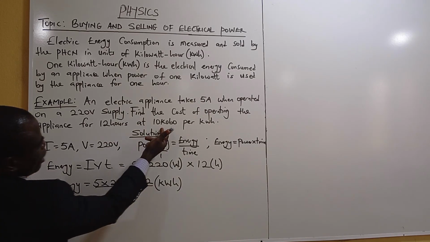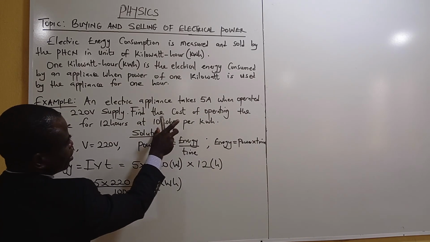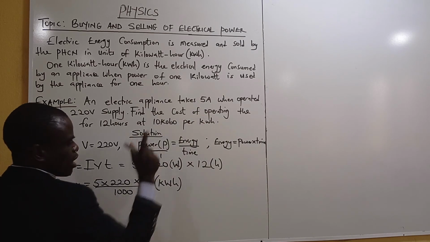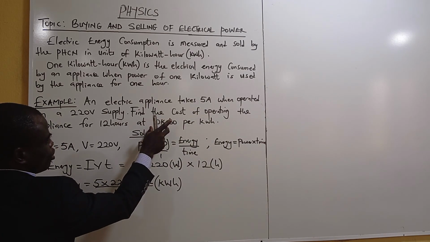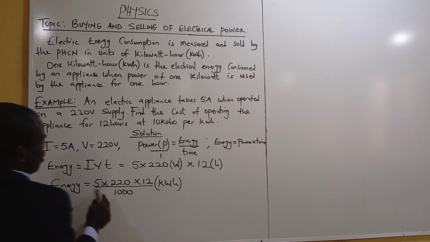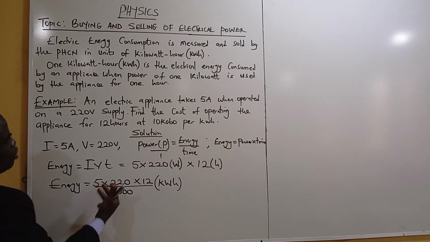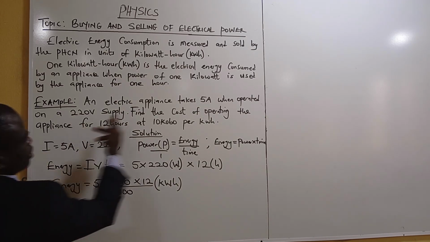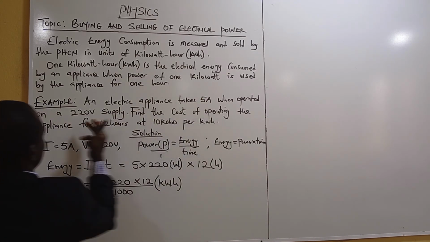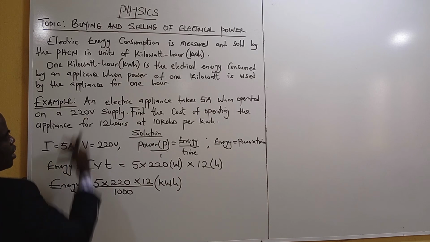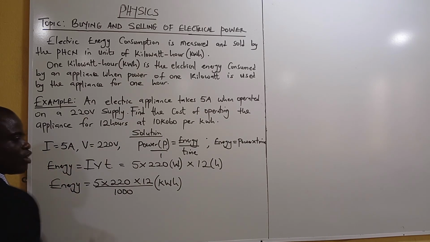They now said 10 kobo per kilowatt hour. So 1 kilowatt hour costs 10 kobo. Now, if you have used your appliance that takes 5 ampere when operated at this voltage, let's know the cost when you have used it for 12 hours.